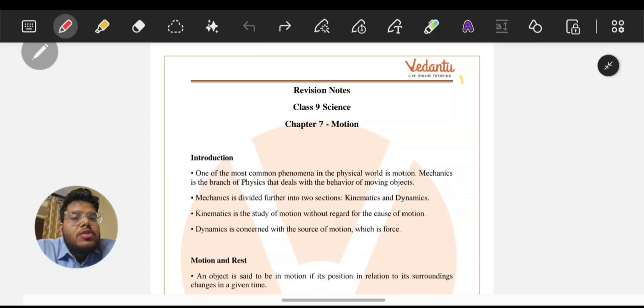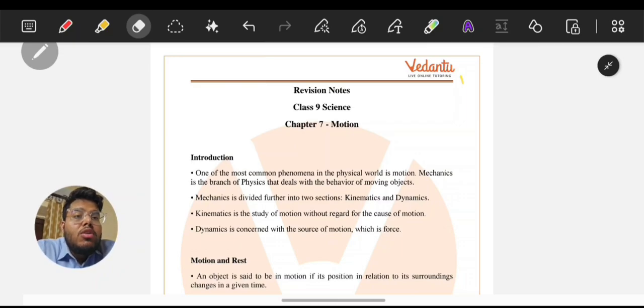So we study motion in the branch of physics that is mechanics. Mechanics has two parts, that is kinematics and dynamics. Kinematics means the study of motion without the source of motion, which means we do not know how an object started its motion or whether it is at rest. Second, dynamics is the study of motion with the source of motion, that we know.